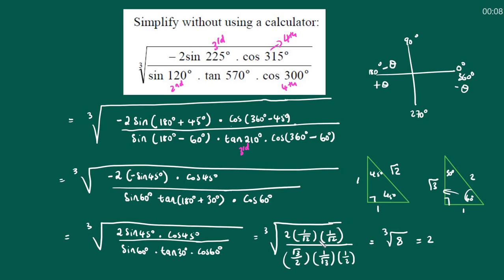Or cube root of 4, yeah. Cube root of 4. Then you would leave it there. Or you can write it as 2 to the power of 2, and then you write this as 2 to the power of 2 over 3. But leaving it here should give you your full marks.